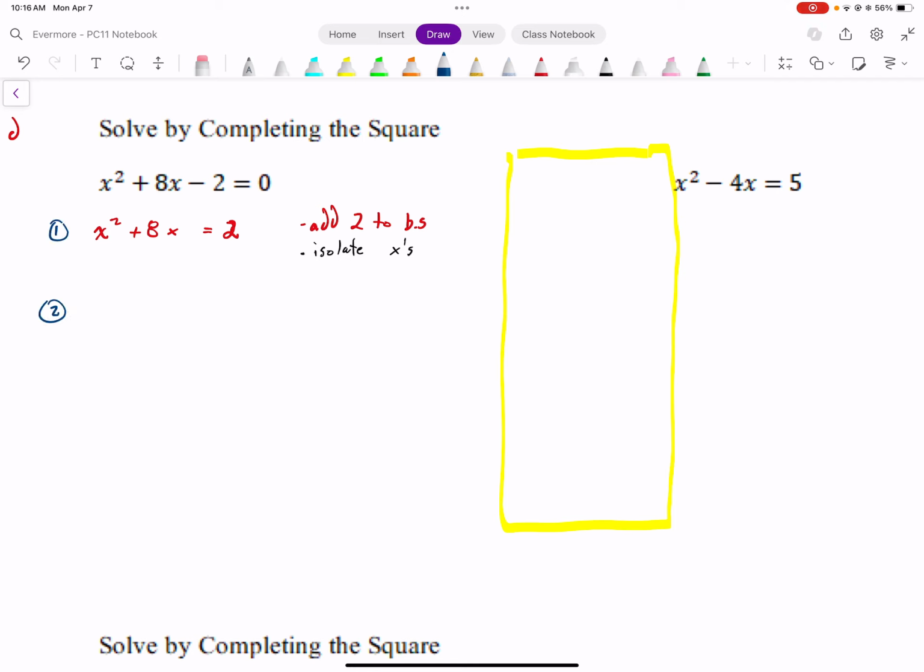Step 2, I'm just going to rewrite this. And suspiciously, I leave a big blank right beside 8x. And over here, I'm going to complete the square. So in red, what is specific to the question and the process is I'm going to complete the square.